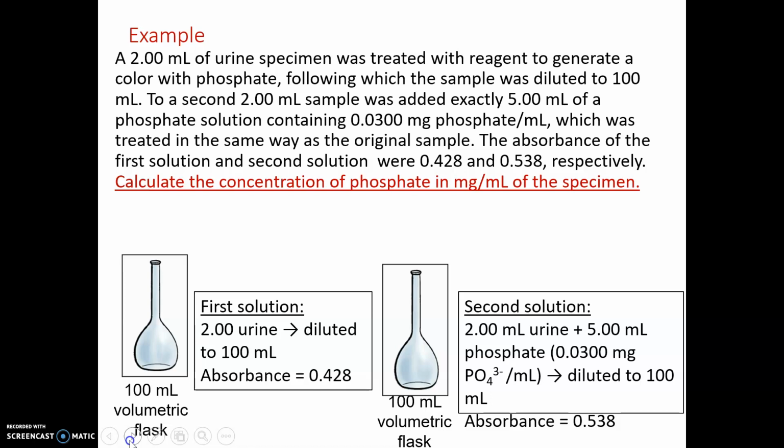To a second flask, the same real sample, 2 ml, was added exactly, then 5 ml of phosphate solution, which is the standard solution, was added, and treated the same way as the original. The absorbance of the first flask was 0.428 and the second flask was 0.538. Then calculate the concentration of phosphate in the specimen, or the real sample.